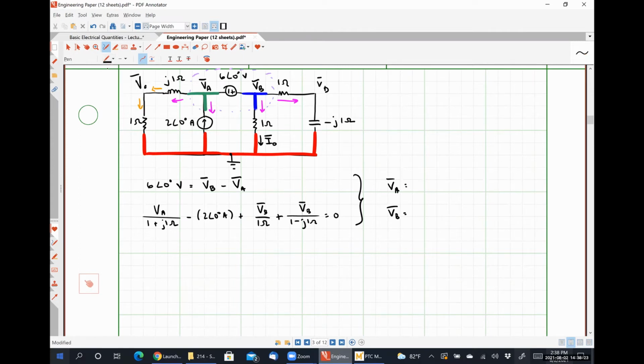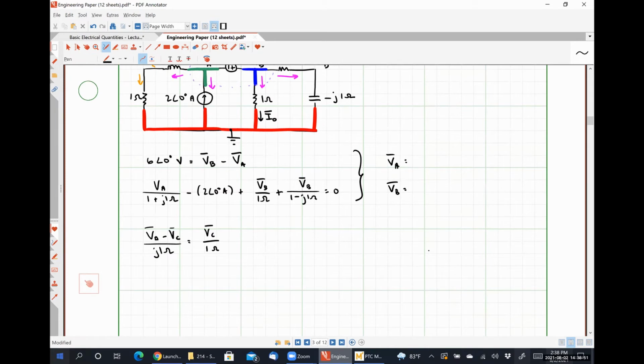So that would give me VA minus VC over J1 is equal to VC over 1, right? Yeah. Okay.